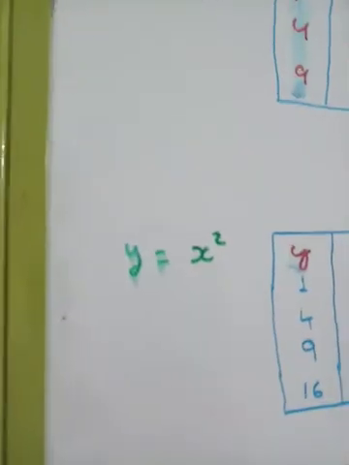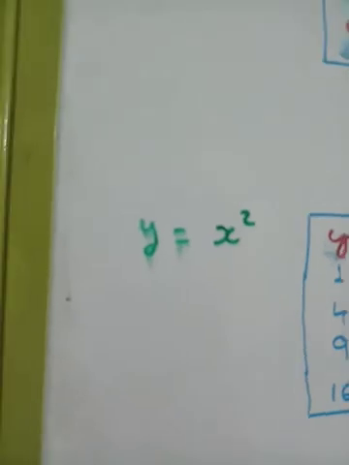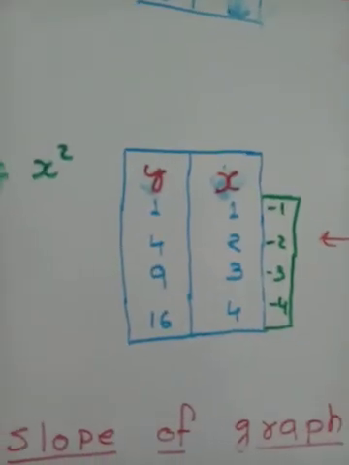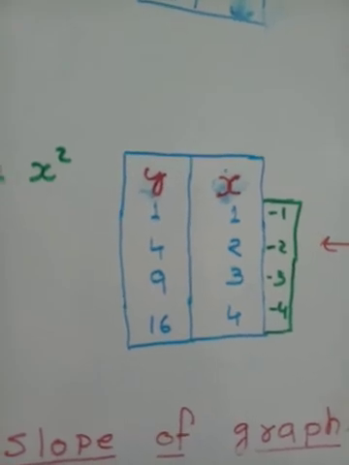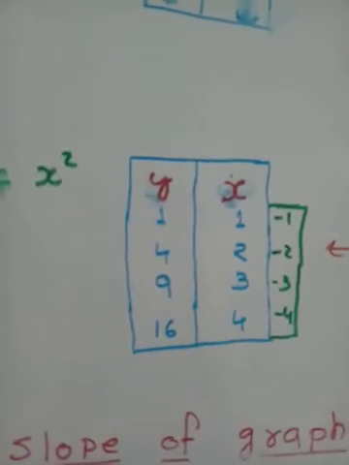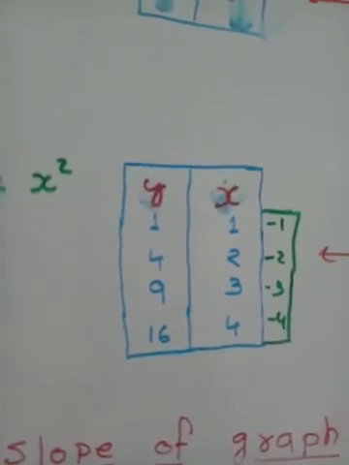Now the changed equation: y equals x square. Previously it was x equals y square and the graph was like this. Now it is y equals x square. We take both the positive as well as the negative values of x. If x is 1, y is 1; x is 2, y is 4; x is 3, y is 9. Now take the negative values of x.